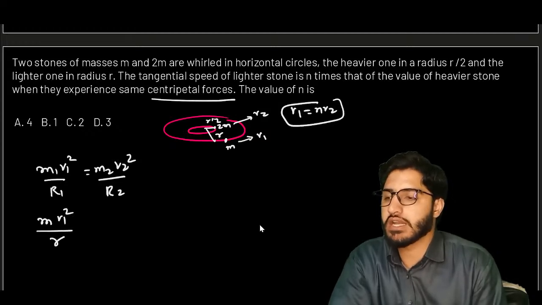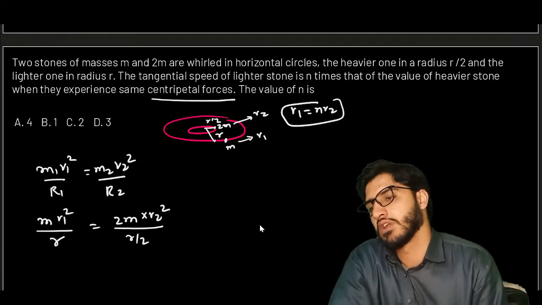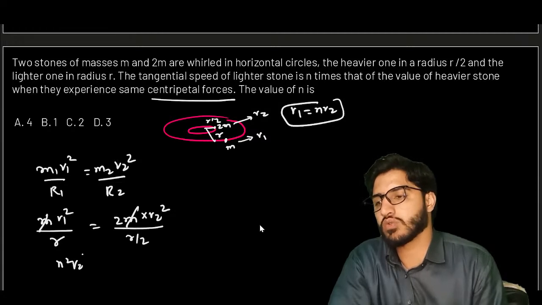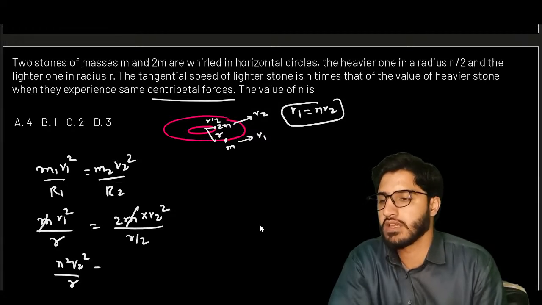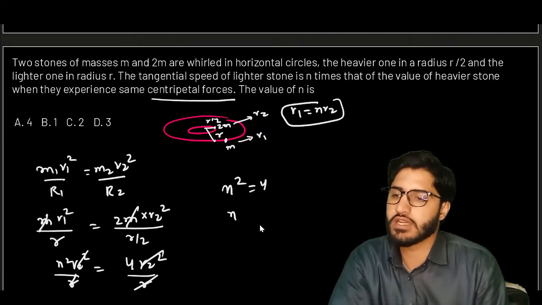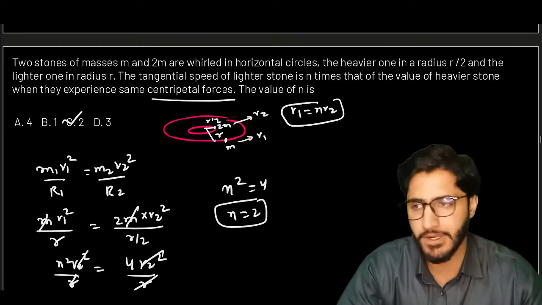R is given to be r. m2 is 2m. v2 square divided by r2, which is given to be r by 2. So m cancel out. n square v2 square divided by r equals to 4 v2 square divided by r. R cancel out, v2 cancel out. So n square came out to be 4. That is n is 2 only. Right?